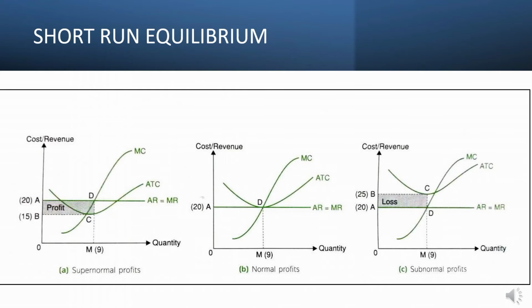A short-run profit, known as supernormal profit, is shown by the ATC curve being below the price at the profit maximizing point, where MR equals MC. Figure A represents a supernormal profit for a perfectly competitive firm. That means a competitive firm earns economic profit when P is more than ATC.